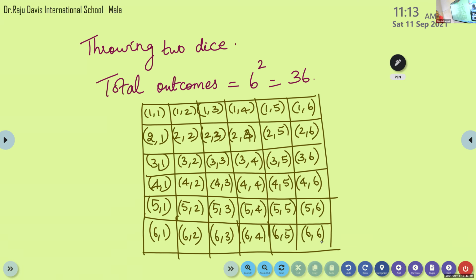These are the possible outcomes. Total outcomes are 36.